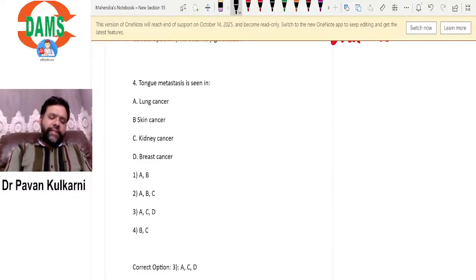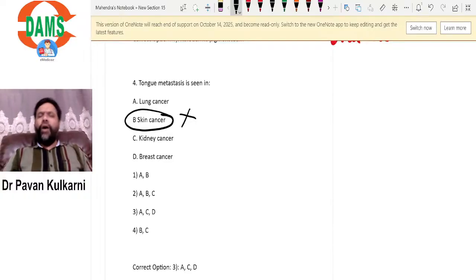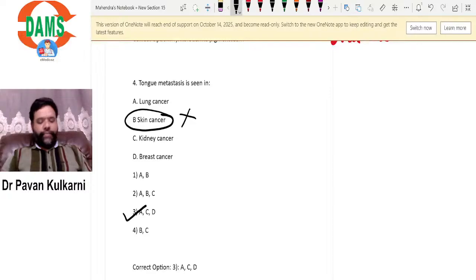Only in skin cancer will you not see tongue metastasis, because skin cancers are usually basal cell carcinoma, melanoma or squamous cell carcinoma, and these usually do not metastasize to the tongue. So A, C, D is the correct answer.